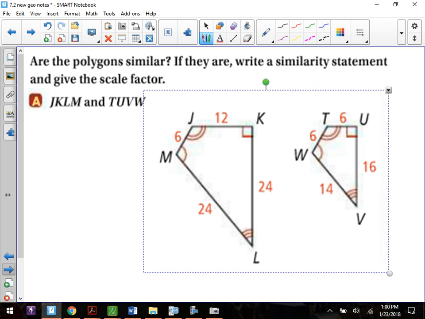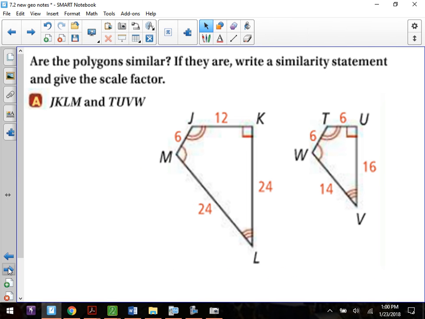Now, check and see if you can write out a similarity statement for these two. They're asking you to check whether J, K, L, M is similar to T, U, D, W. The first thing you always do is check your angles to see if they match.